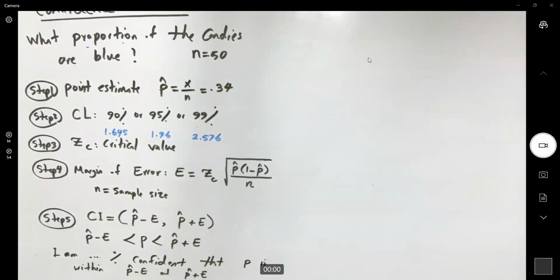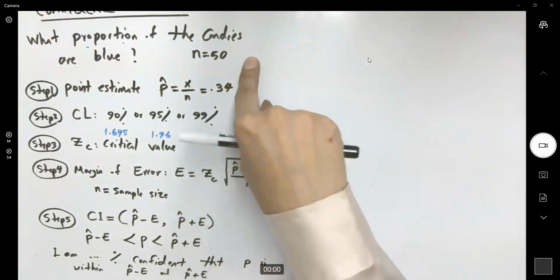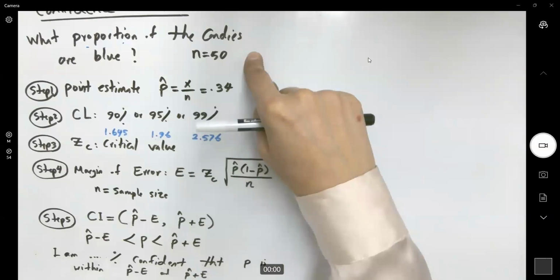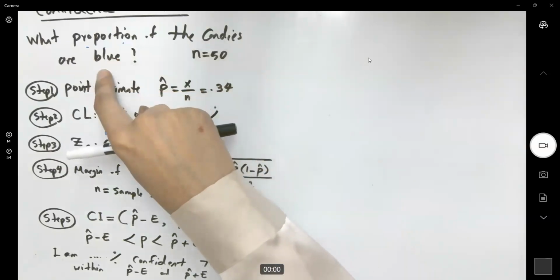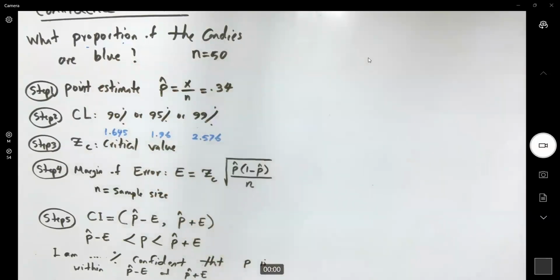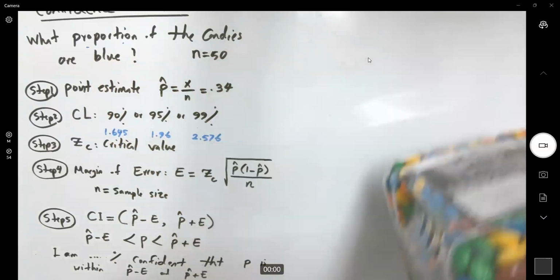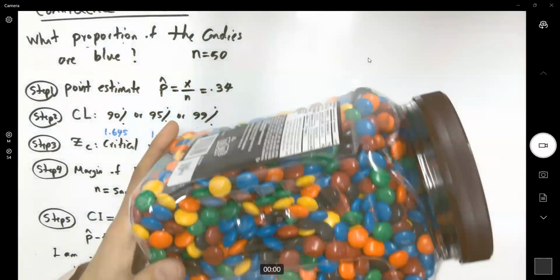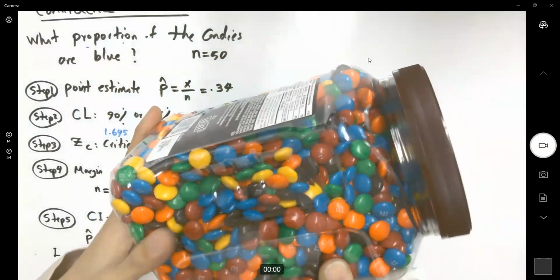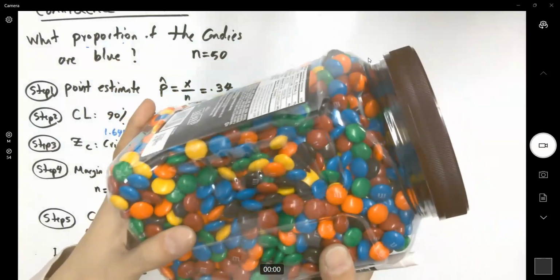Okay, so let us take a look at our example. The proportion of candies that are blue in that big jar. So we are just looking at our big jar of M&M candies. We want to know what proportion of candies here are blue.